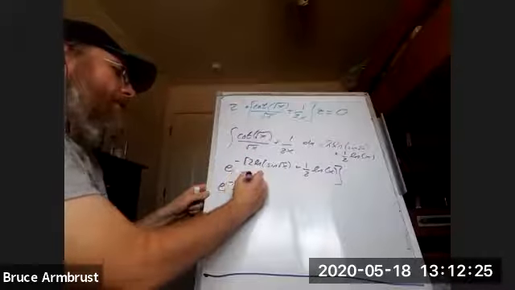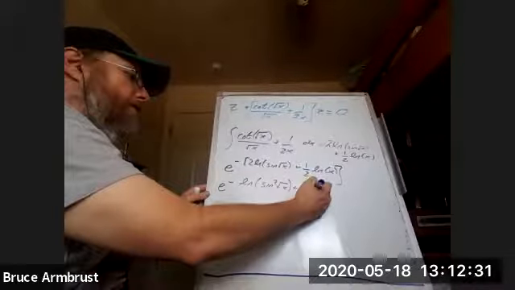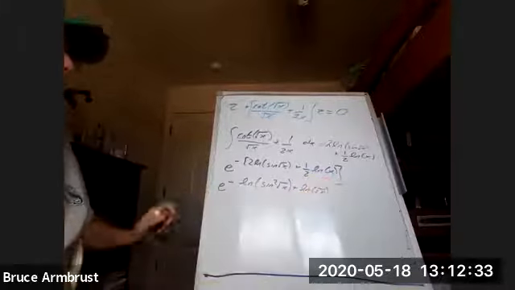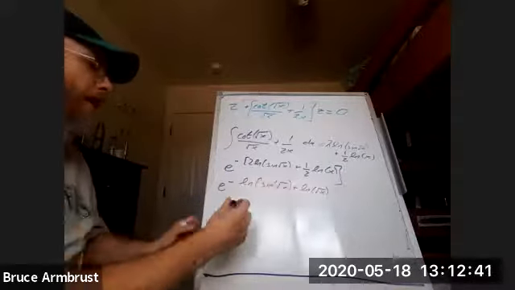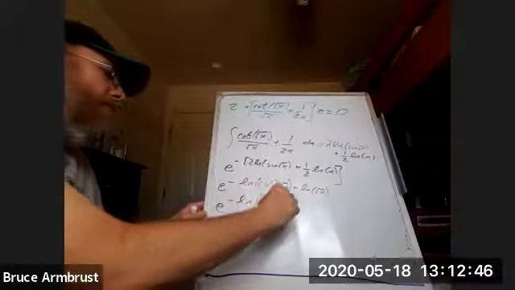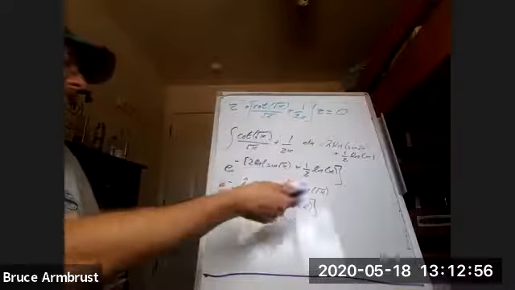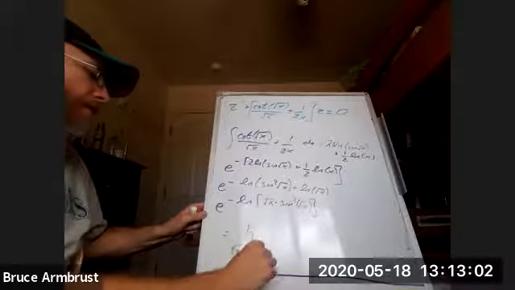So we get e to the negative natural log of sine squared root x plus the natural log of square root of x. And then I'm going to use the product rule of logs to combine those. So we get the square root of x times sine squared root x. And then the minus brings that as a 1 over, the natural log cancels. So we get 1 over root x sine squared root x.